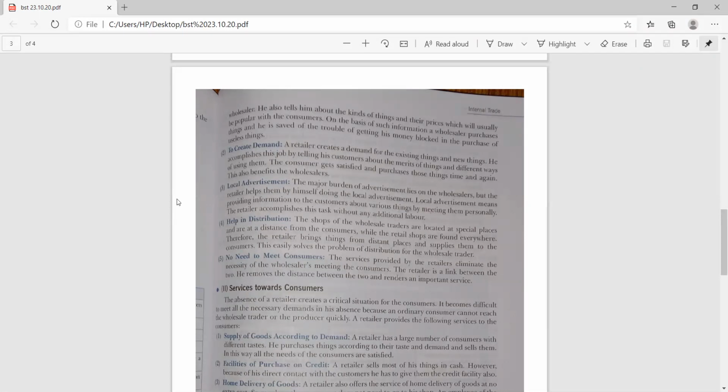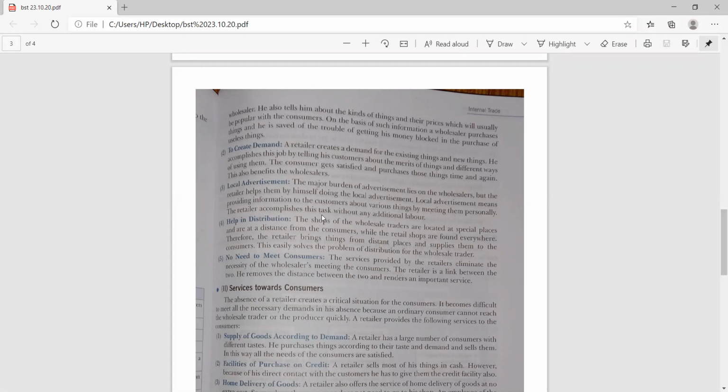So it is helpful for local advertisement, and local advertisement means providing information to the customer about various things, meeting them personally. The retailer accomplishes this task without any additional labor, because he doesn't need to do any extra labor. When the customer comes to him, he just provides the information.